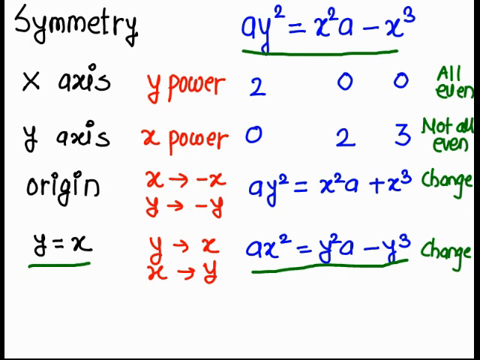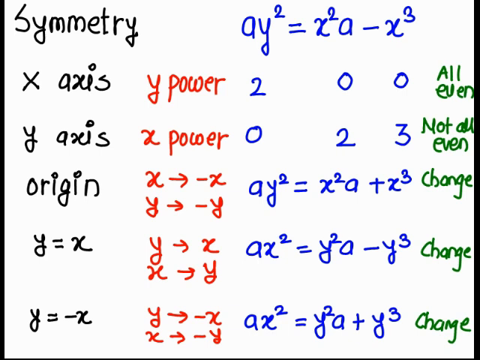Now let's go for the next, y equal to minus x. For that we need to replace y by minus x and x by minus y. By replacing that, we get a x square is equal to y square a plus y cube. There is a change in these two equations, so obviously y equal to minus x is also not an axis of symmetry.